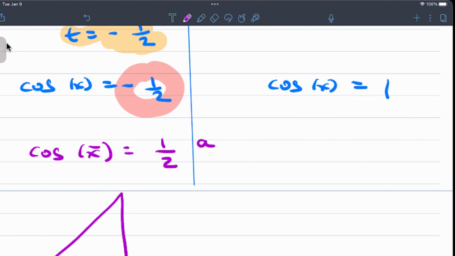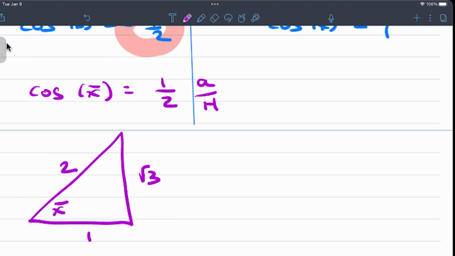Isn't that adjacent over hypotenuse? So this is 1, and this is 2, and this is the square root of 3. So it looks like the angle is 60 degrees. That's the reference angle. Okay?